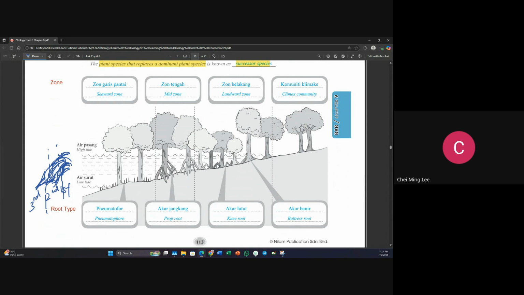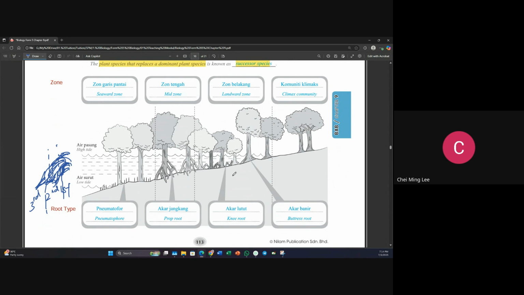Then in the mid zone, they have prop roots, where the roots are above the sand. Why? Because it's like many sharp spikes, so the grip is stronger.